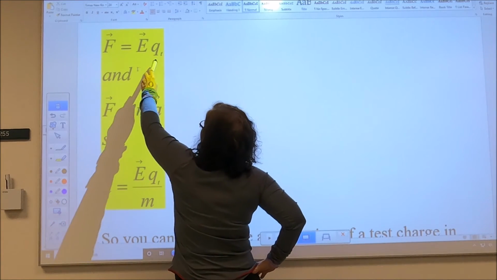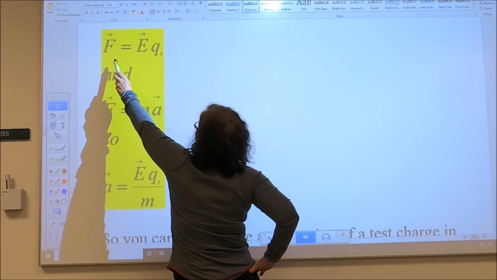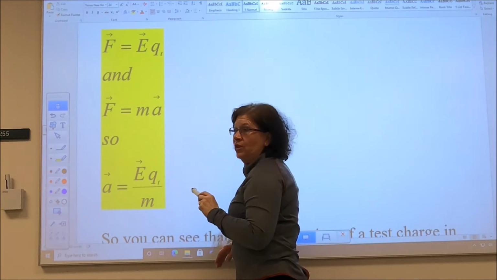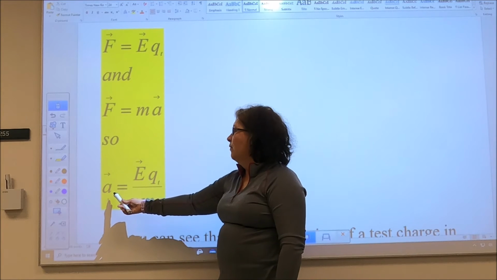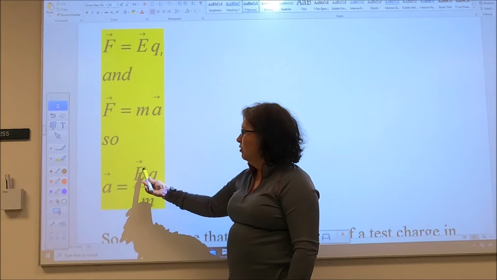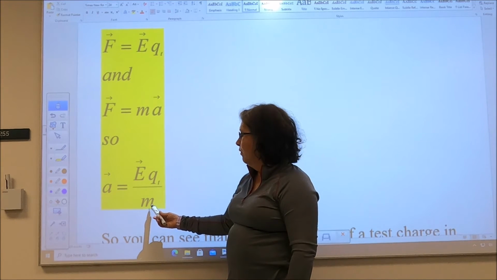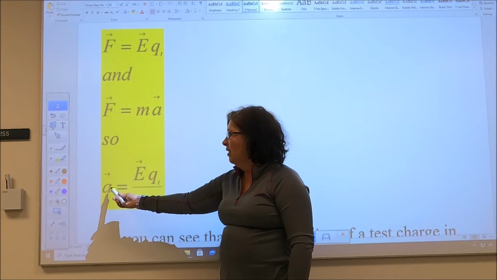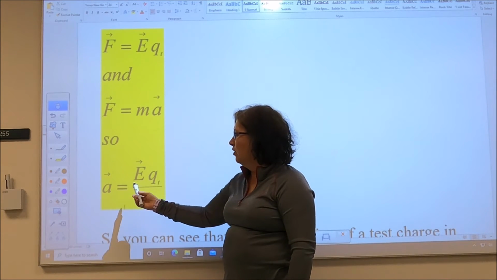The force experienced by a test charge QT in a uniform electric field is equal to the strength of the electric field times QT. Force equals mass times acceleration, so therefore acceleration is equal to the magnitude of the electric field times Q over M. Notice that if it's a positive test charge, the direction of the acceleration vector is going to be the same as the direction of the electric field vector.